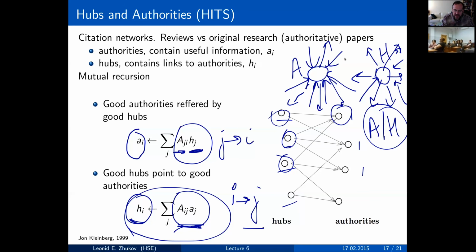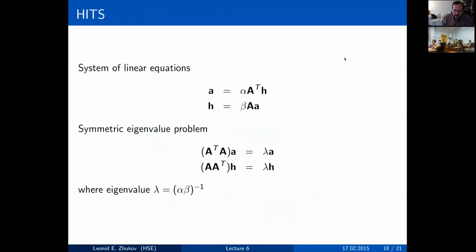Now, the reason we want to write this is because all of a sudden, if we have not one score, but two scores, well, we'll need two equations to deal with them. And if we write this in vector notation, we'll get the following. A will be A transpose times H, and H will be A times A.